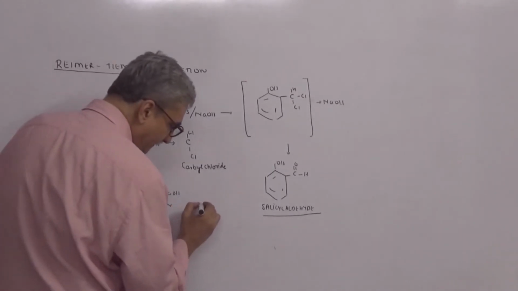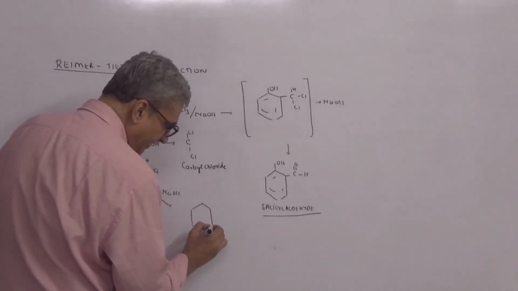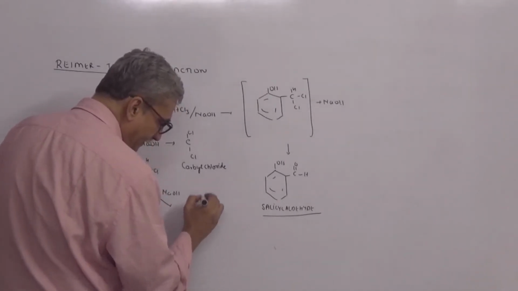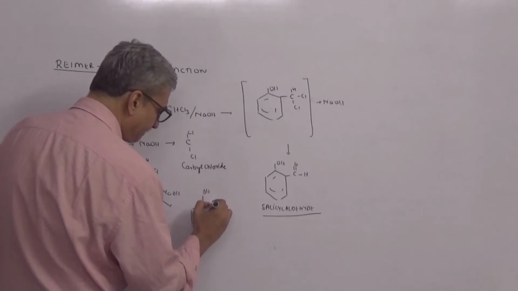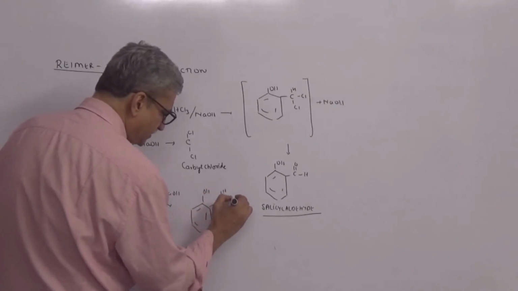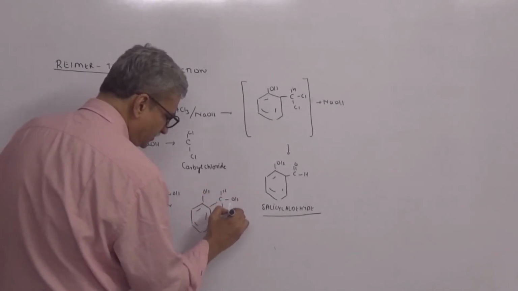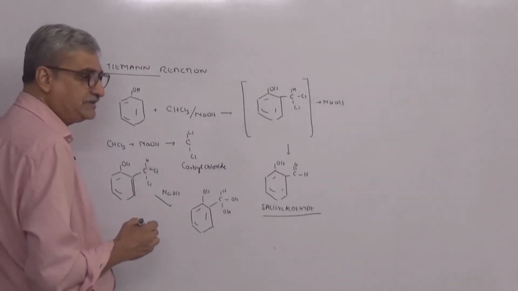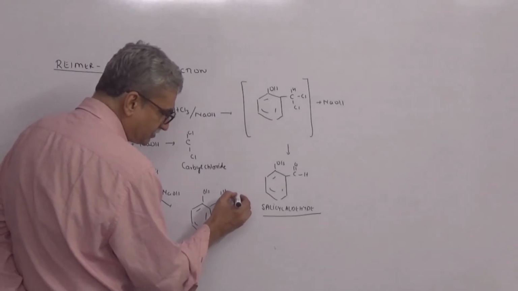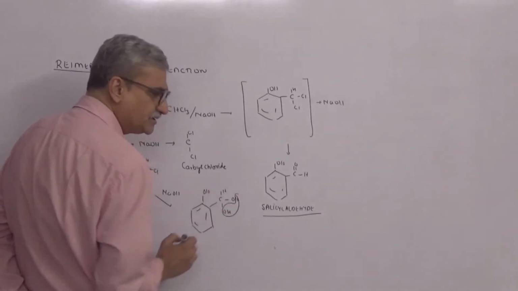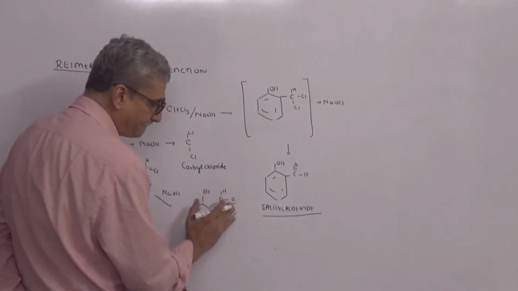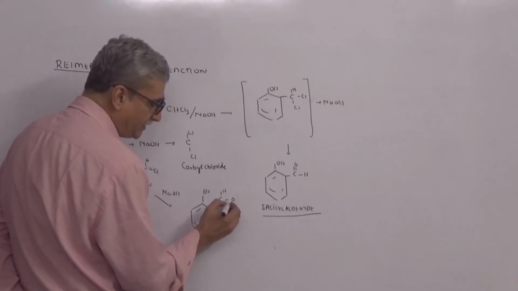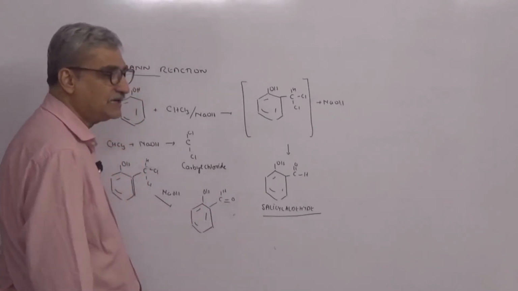What is going to happen? You will get a gem diol, CHOH OH. Is this point clear? And gem diols are unstable. So this H and this OH will eliminate water and we will get salicylaldehyde.